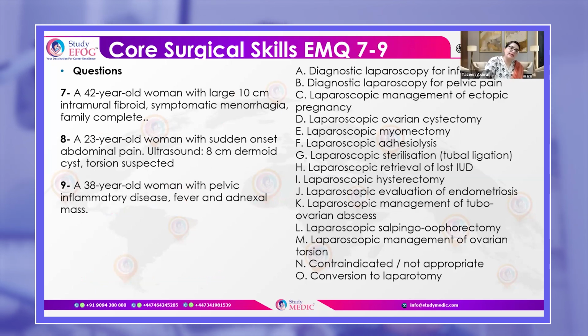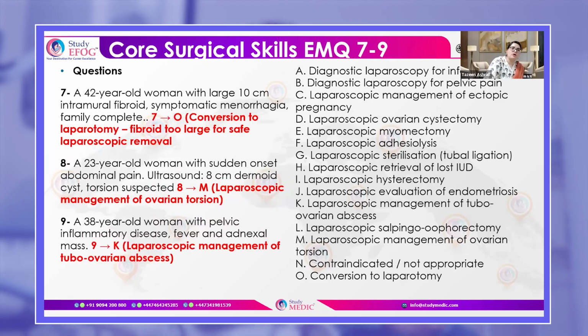Okay. The second question says that a 23-year-old woman with sudden onset abdominal pain, ultrasound 8 centimeter dermoid cyst, torsion is suspected. And the third question says a 38-year-old woman with pelvic inflammatory disease, fever and adnexal mass is there. Okay, so whenever we are talking about the first question, 42-year-old, 10 centimeter intramural fibroid, symptomatic menorrhagia is there, family is complete.